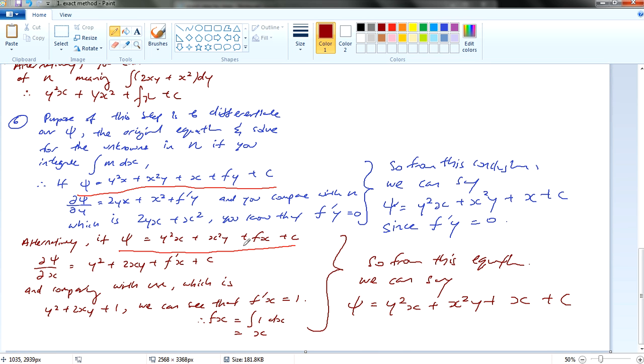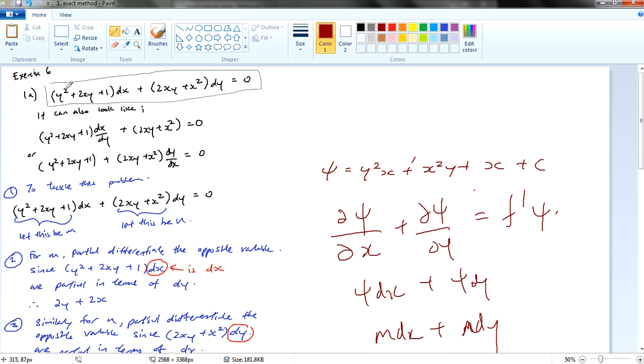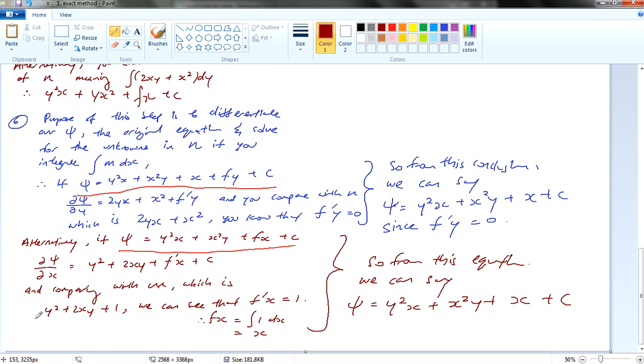Comparing with the original problem, this portion is the same as this portion, and you realize that f prime x is equal to 1. Let's leave away the c, which is any constant.